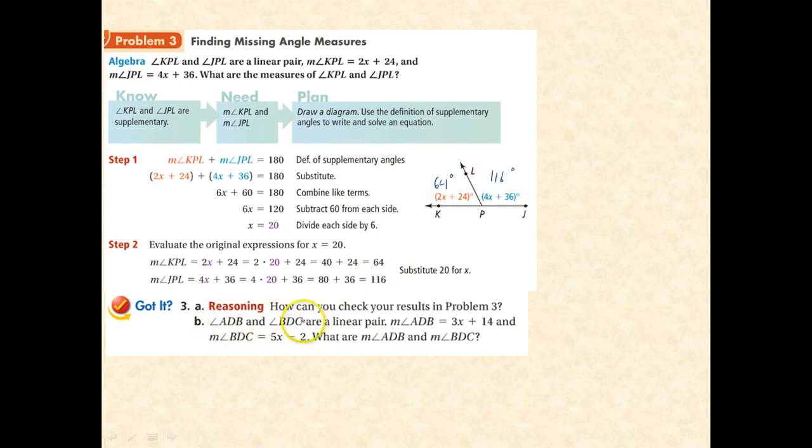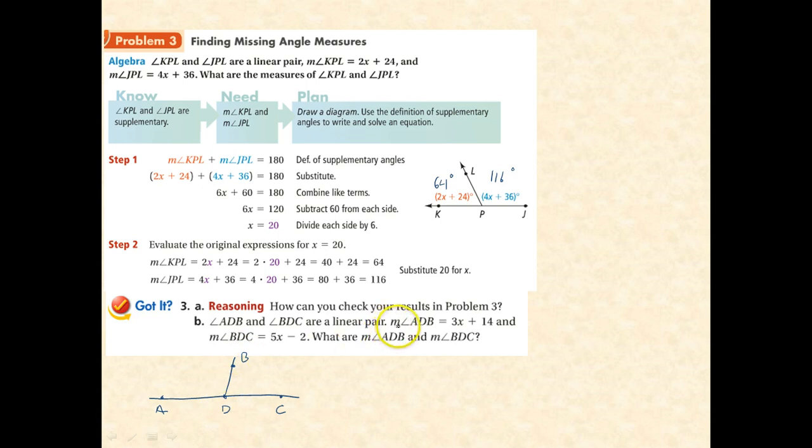ADB and BDC are a linear pair. So I'm going to have A over here, D right here, C over here, A, D, B somewhere over here.